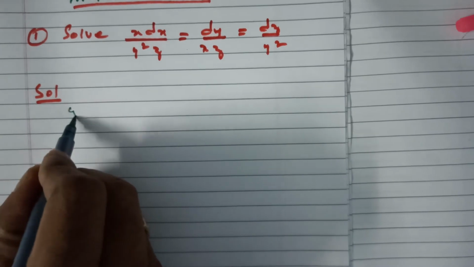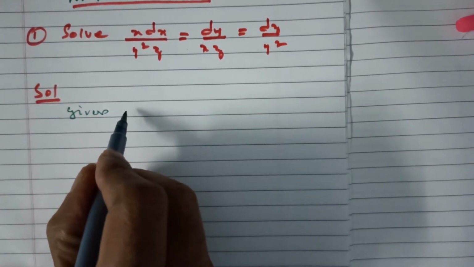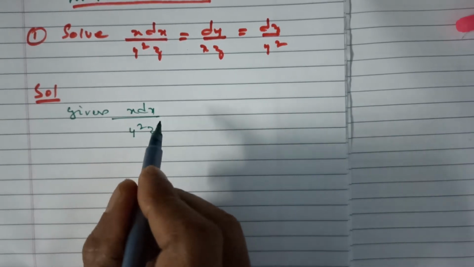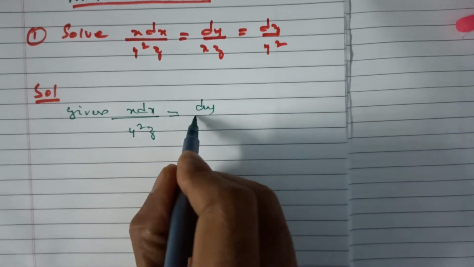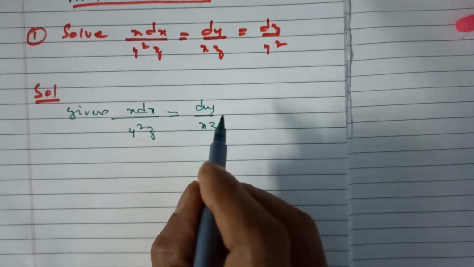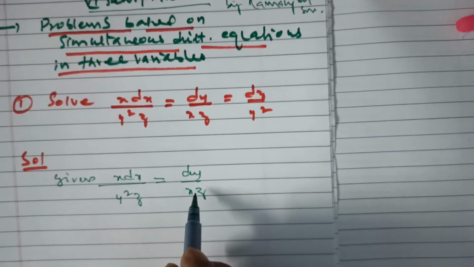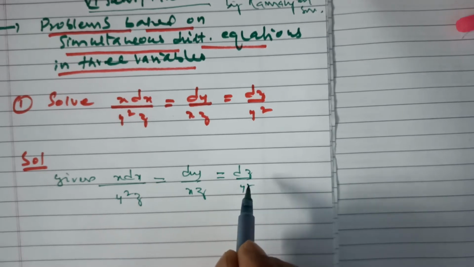Given x dx by y square z is equal to dy by xz is equal to dz by y square.